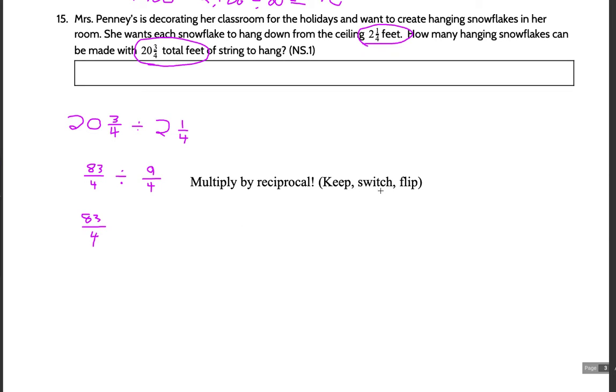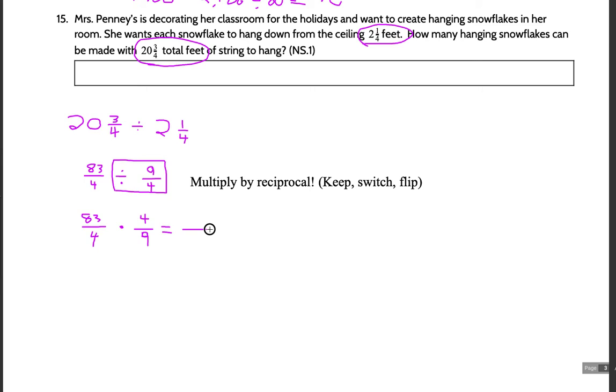We switch from division to multiplication. And we flip the next fraction, 4/9. Remember, this is multiplying by the reciprocal because instead of dividing by 9/4, we're going to solve this by taking that first number and multiplying by the reciprocal, which is the fraction flipped. Okay, so that looks good. We flipped it, and then we just multiply.